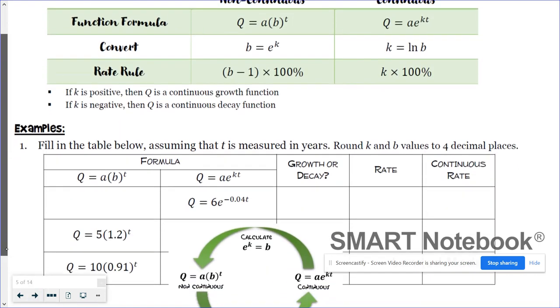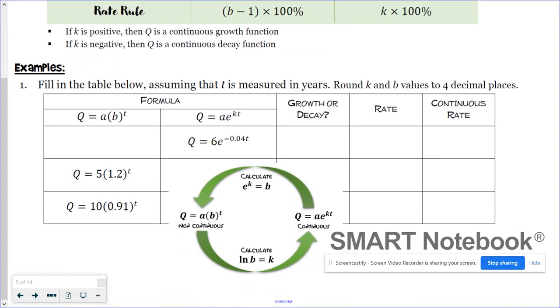So example 1 says fill in the table below, assuming that t is measured in years, round k and b values to 4 decimal places. In that first row, I'm given q equals 6 times e to the negative 0.04 t power. There are a few things that I know about this.